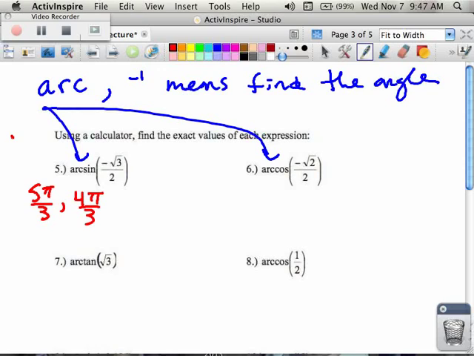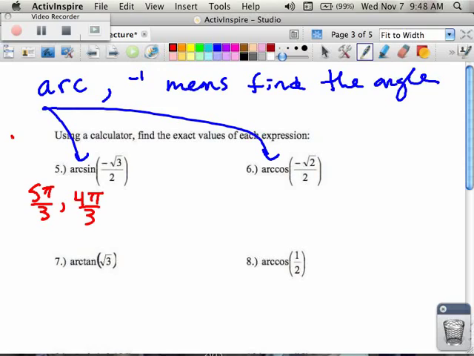First of all, the only answers that you can have are things that are pi over 3. The sine is the y value, yes or no? Yes. So I'm looking for y values that have root 3 over 2's. Look on your unit circle. Aren't all of those pi over 3 kinds of angles?